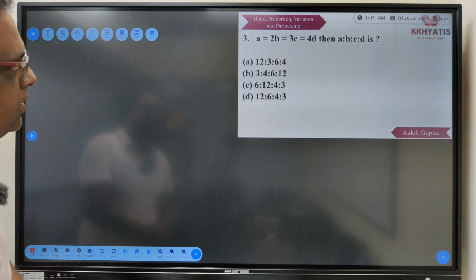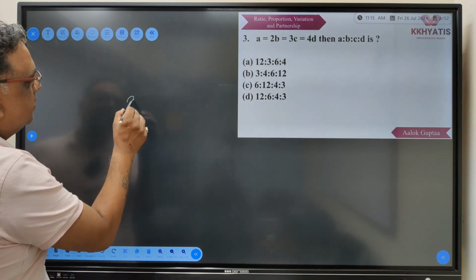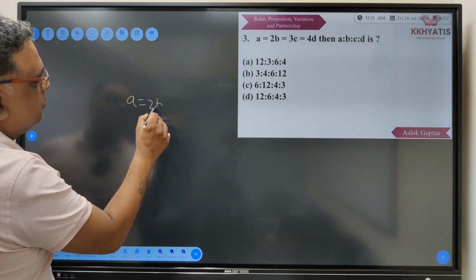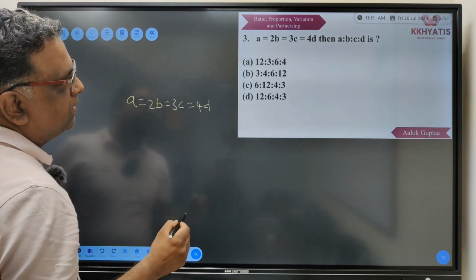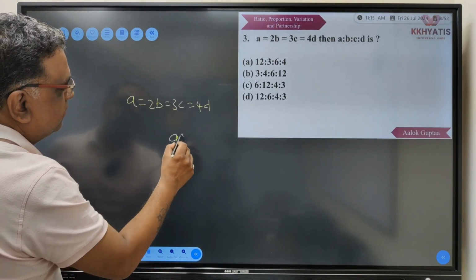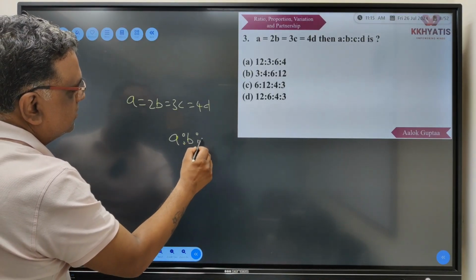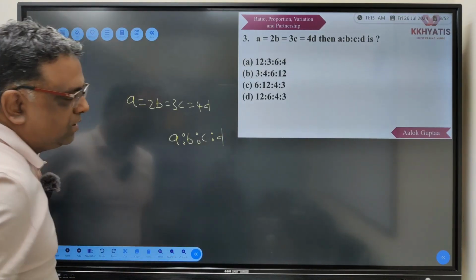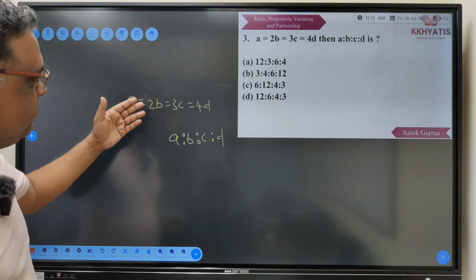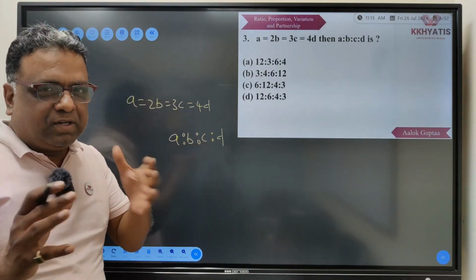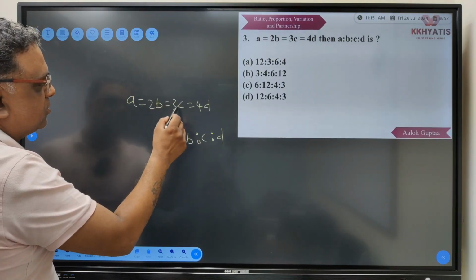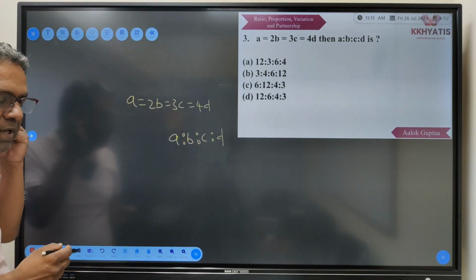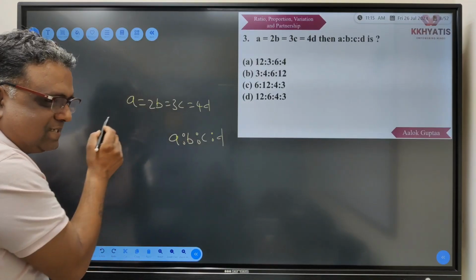Now again, here we have been given a relation that A equals 2B equals 3C equals 4D. Then I want to find the ratio of A is to B is to C is to D. Now what does it mean? A, B, C, D are some quantities, and A equals 2B equals 3C equals 4D, which means all these quantities are the same.